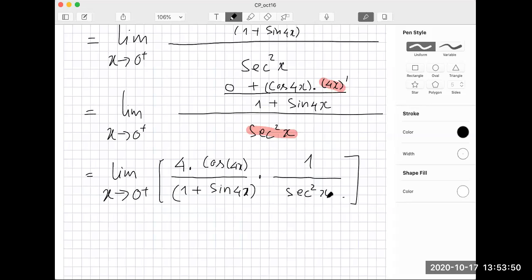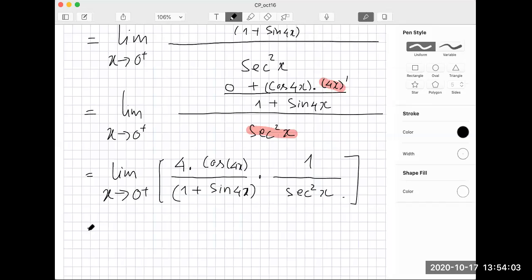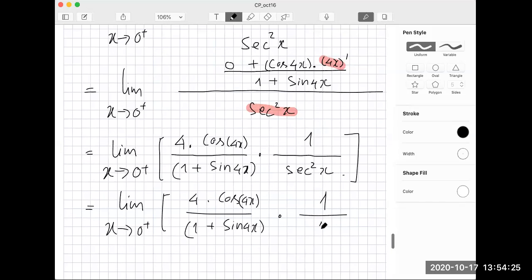Or secant square, let us write it in terms of cosine, right? It's easier to find this one in this case. Let us rewrite it: cosine 4x divided by 1 plus sine of 4x. Secant is 1 over cosine square, right?